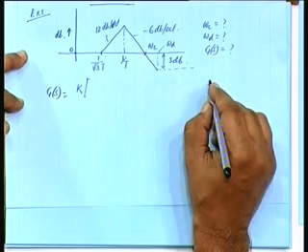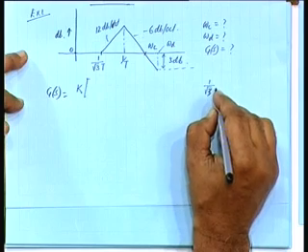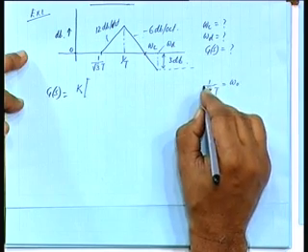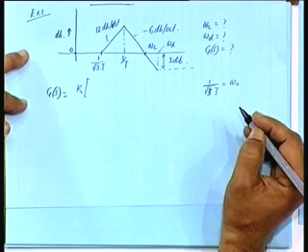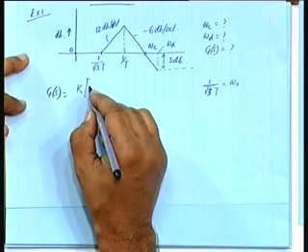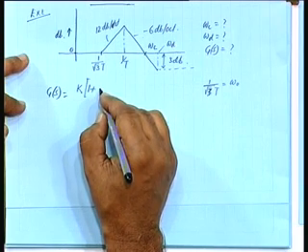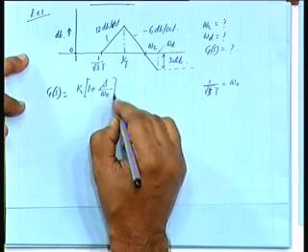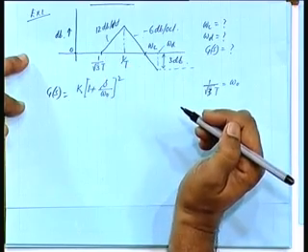So, 1 by root 3 t, let me call it omega 0, then it will be 1 plus s by omega 0 whole square, this is 12 dB per octave whole square, all right.